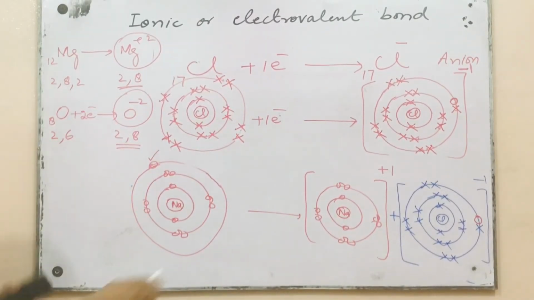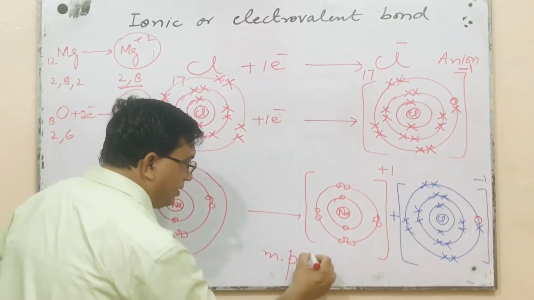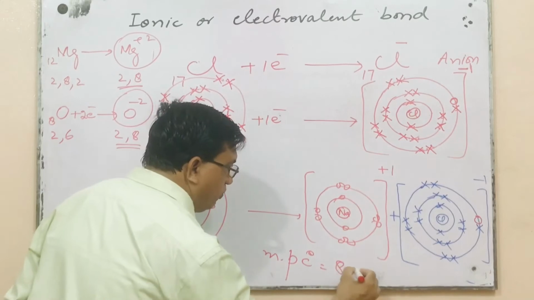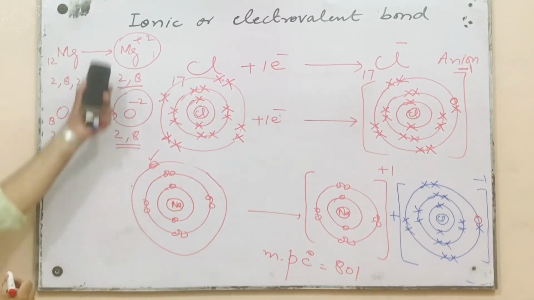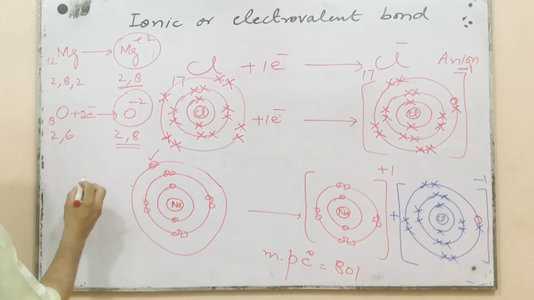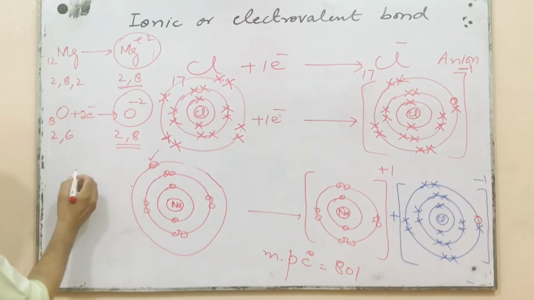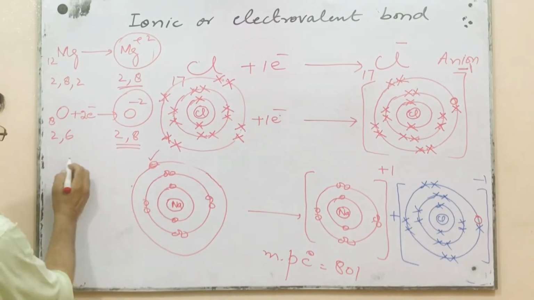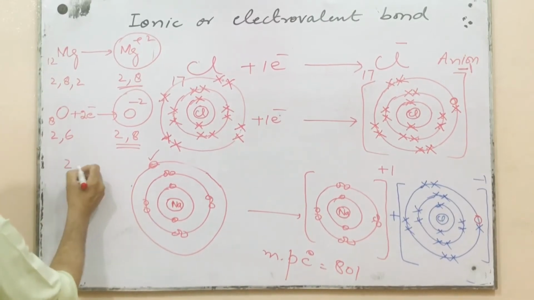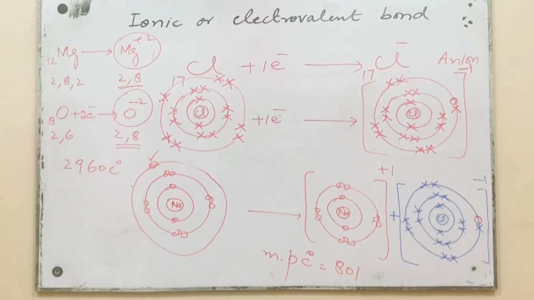That's why the melting point of sodium chloride is 801, but the magnesium oxide melting point is too much, in thousands. Approximately its melting point is 2960 degrees centigrade.